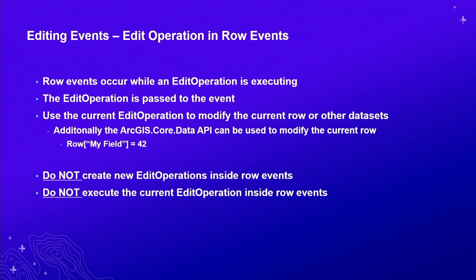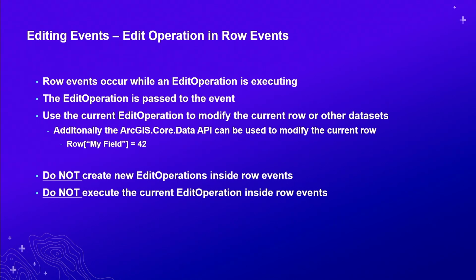It's really important to remember that if I'm editing data outside the current workspace, and you may have a history table somewhere else, use the edit operation, because that will ensure that that workspace is included in the edit session and included in the undo stack. If I was just using the regular core data API to do that, it wouldn't be. And that can get pretty frustrating when you undo and certain things don't undo.